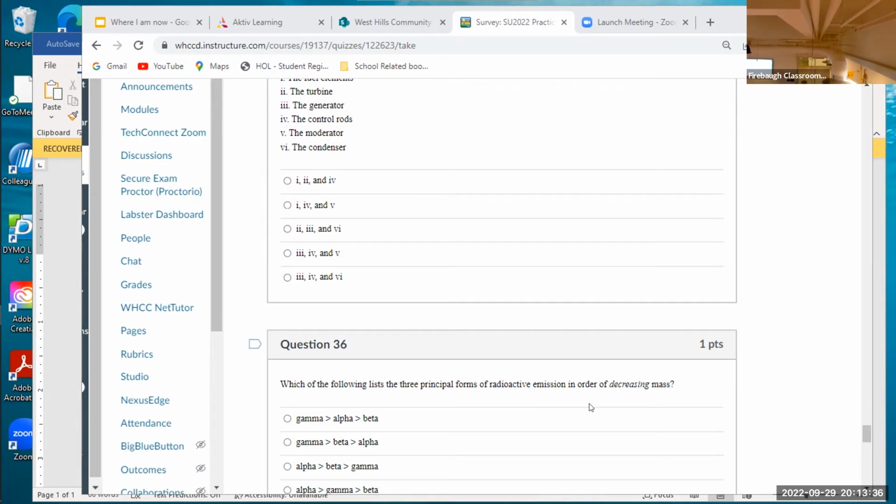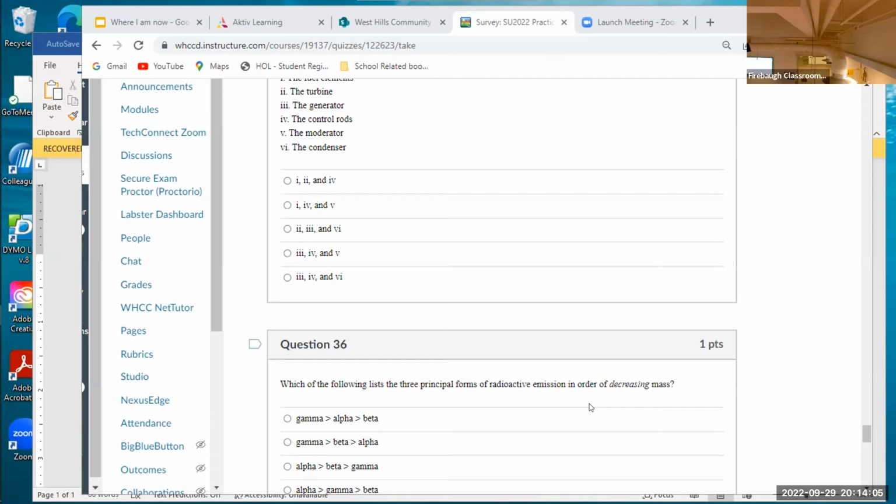Okay, so what is gamma radiation? Gamma radiation is not going to affect, right? So gamma is probably going to be the least because there's nothing on it. Then we have alpha.